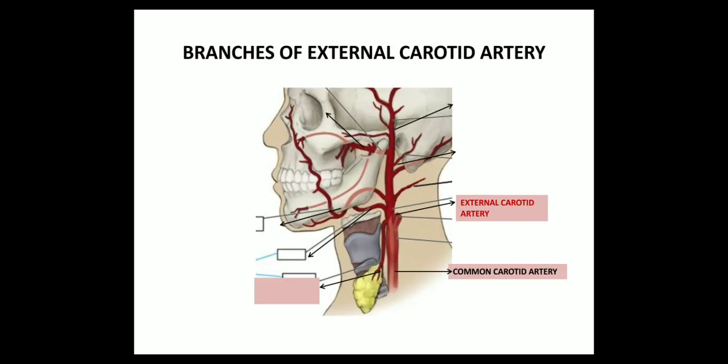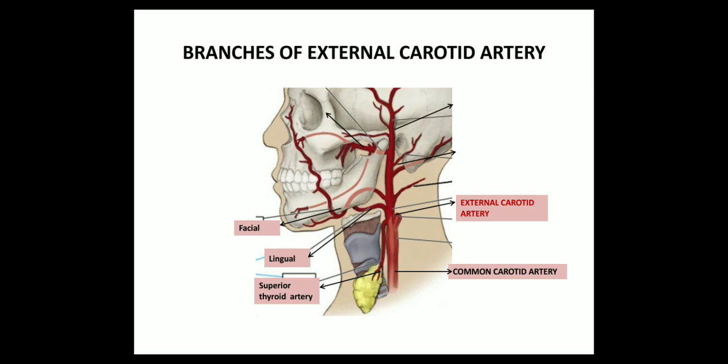Branches. The external carotid artery gives 8 branches. That includes anterior branches, 3, posterior branches, 2, medial branch, 1, and the terminal branches, 2. The anterior branches include superior thyroid artery, the lingual artery and the facial artery.